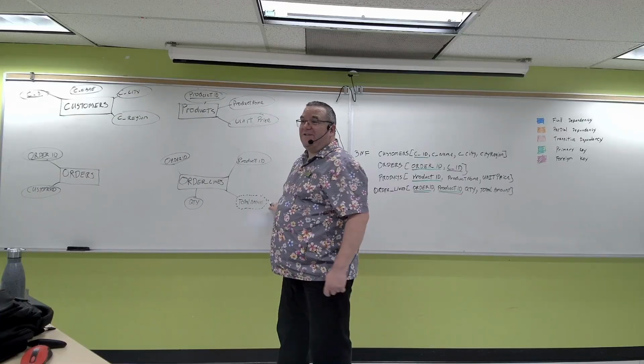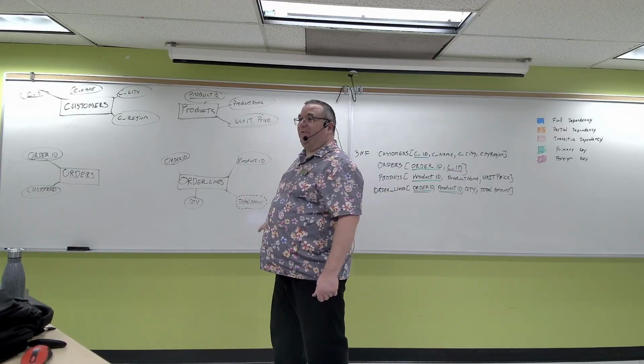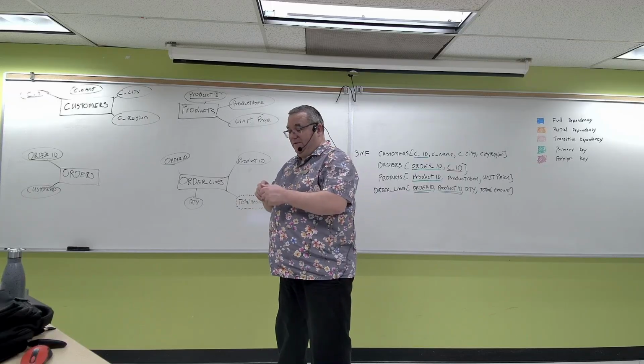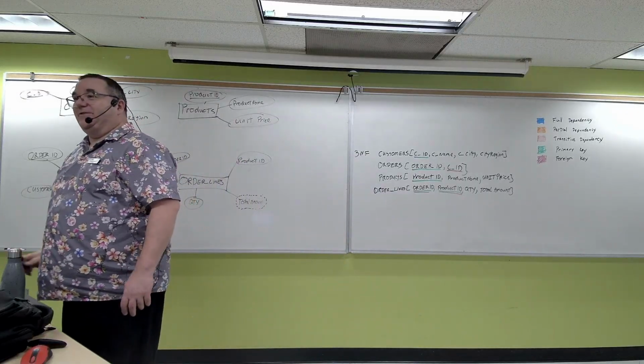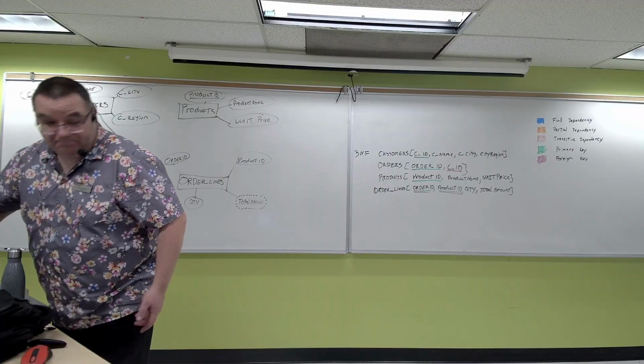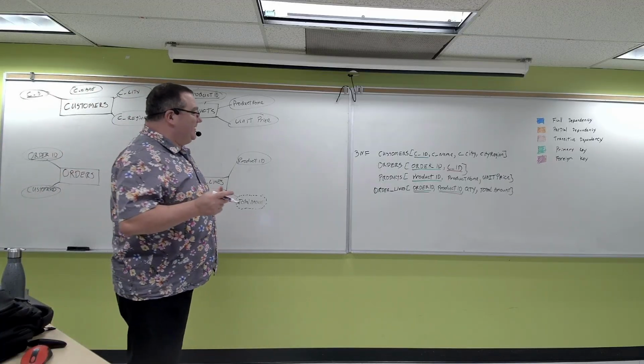It's actually a derived attribute because unit price times quantity gives you a total amount. So this is actually the first time I've had one of these that had a transitive, a derived attribute included for the ride. You know, I thought that was kind of fun. When I saw it, I'm like, that's perfect.